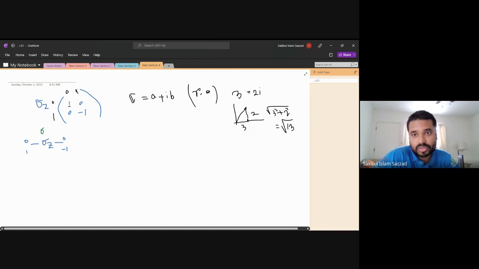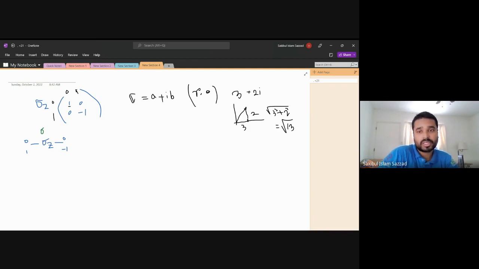So this complex number's amplitude is square root of 13, and it has an angle. This is the phase we are talking about actually.